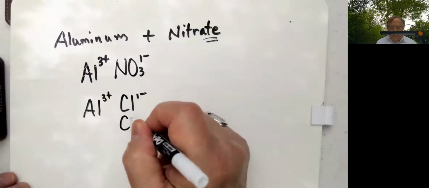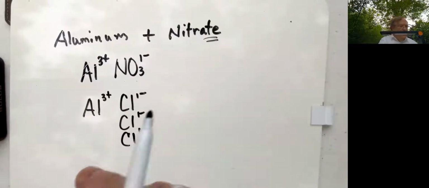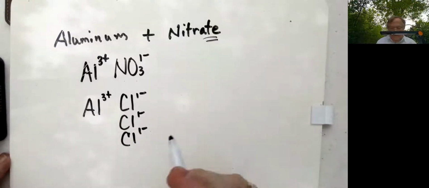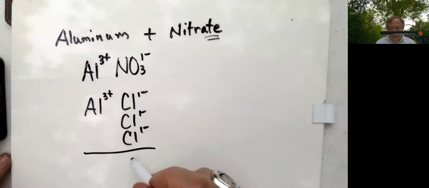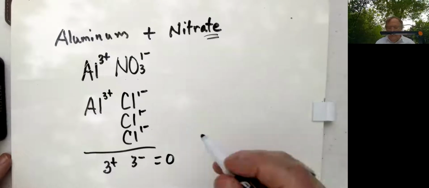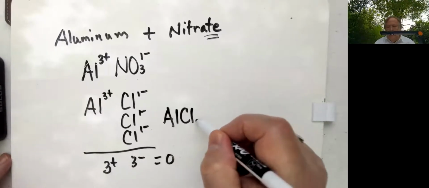So what we did before, got a little wind today, we said, well, that's chlorine, all of those add up to -3, and this is a +3. So that's going to cancel to 0, and my formula ends up as AlCl3.